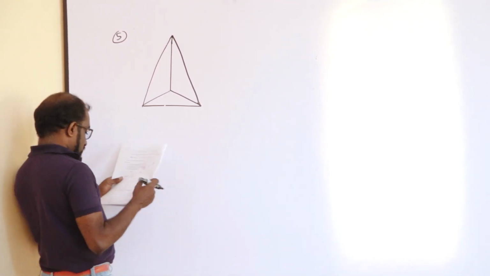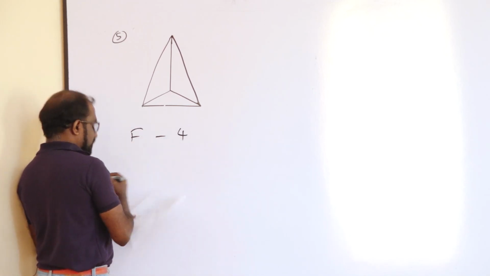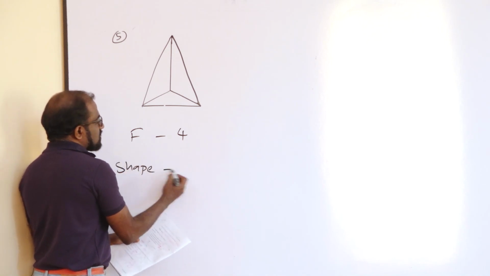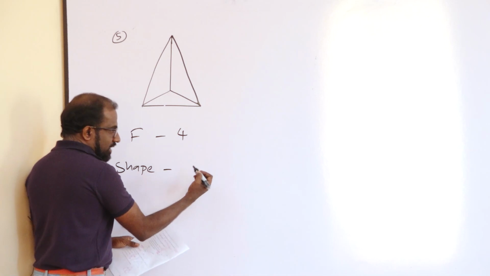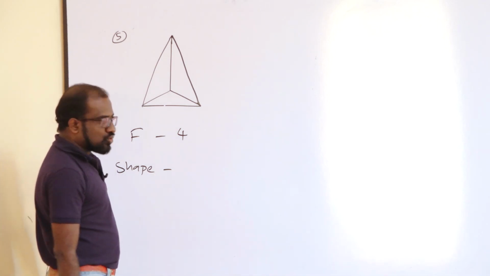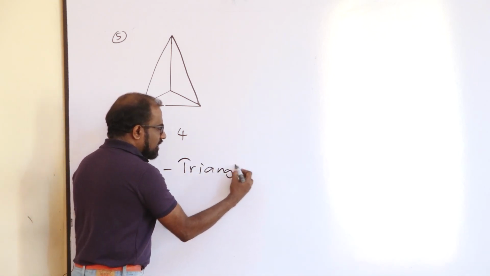Number of faces, how many? 4. The next one, shape of a face. Triangle. Equilateral triangle is also correct. Even for triangle we gave a mark.